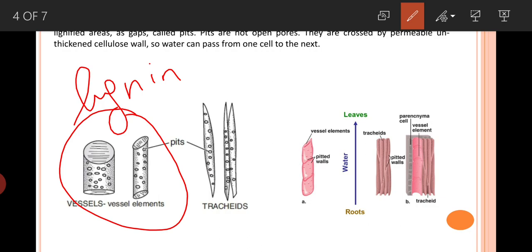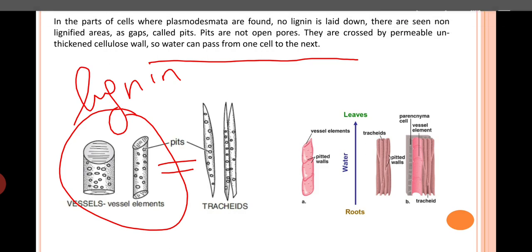But there are some small openings, or gaps, which are called pits, which are not thickened with a cellulose wall. They have the ability to allow the water to pass from one cell to the next. And so the water can be transported in the xylem vessel from the ground up to the leaf.